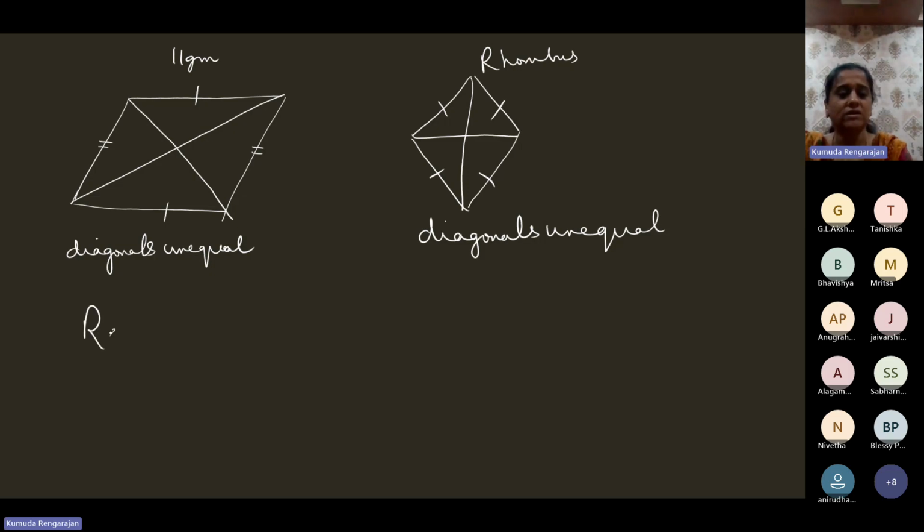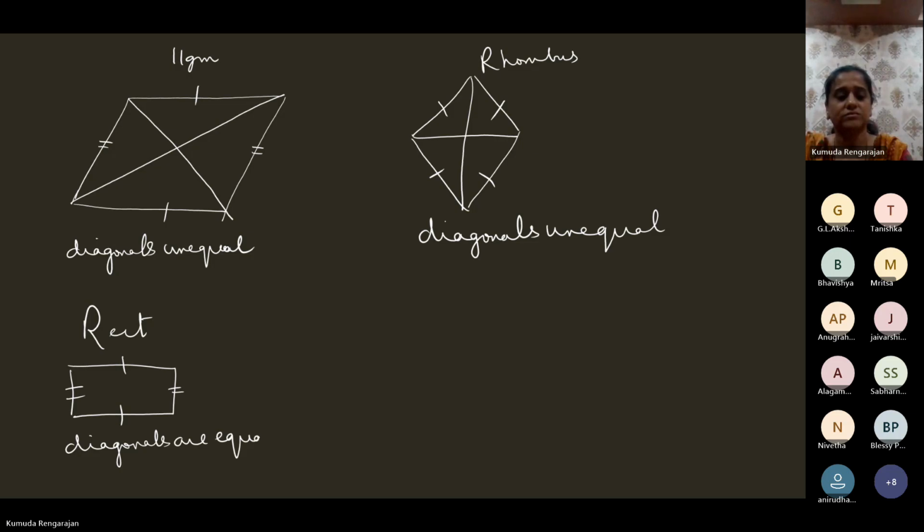In a rectangle, opposite sides are equal and the diagonals are equal. In a square, all sides are equal and diagonals are equal.